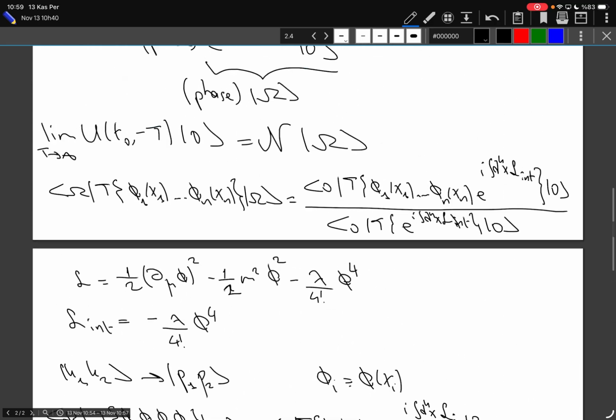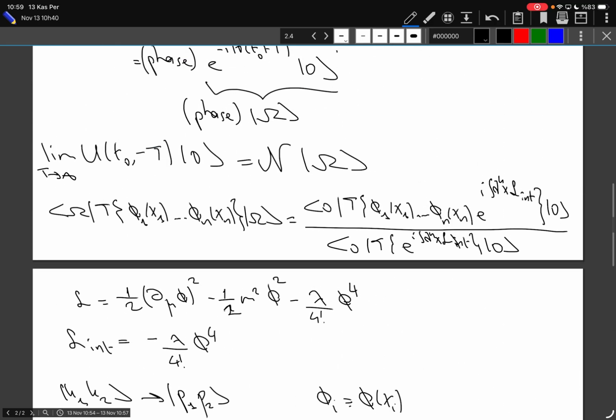Now, again, although I didn't write it explicitly here, the phi's appearing on the left-hand side are full fields, or the fields of the full theory. The phi's that I write on the right-hand side are the fields of the non-interacting theory. They evolve under H0.